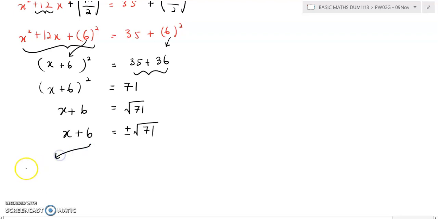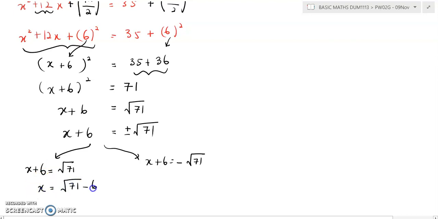The first solution is x plus 6 equals positive square root of 71. And another solution is x plus 6 equals negative square root of 71. Now we just need to solve for the x value. The first x value is square root of 71 minus 6, and for this one it is x equals negative square root of 71 minus 6.